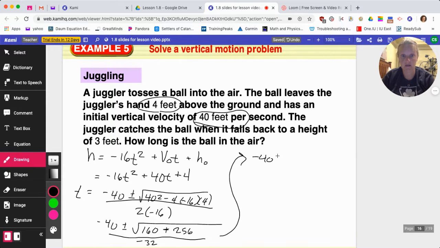Negative 40, 160 plus 256 is 416, all over negative 32.